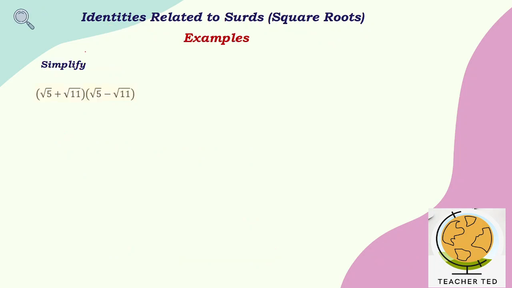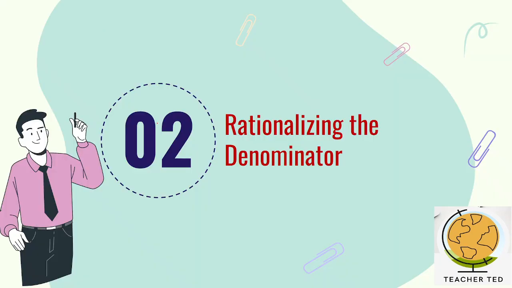Let us take up one example. This example will look like root 5 plus root 11 into root 5 minus root 11.